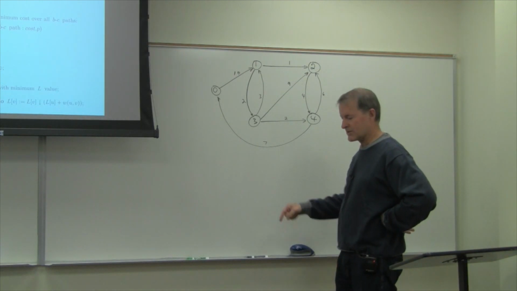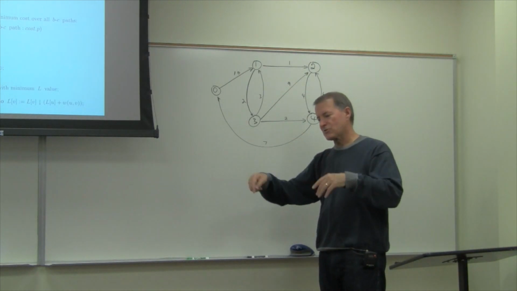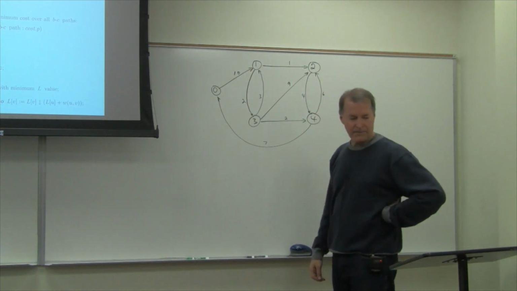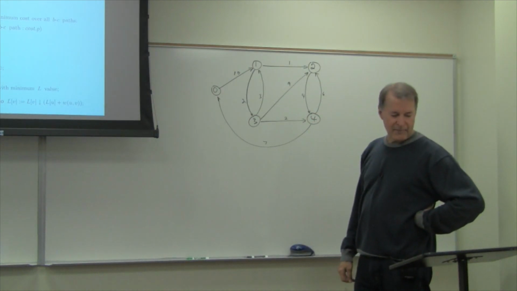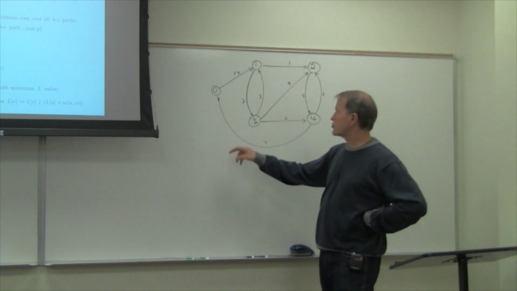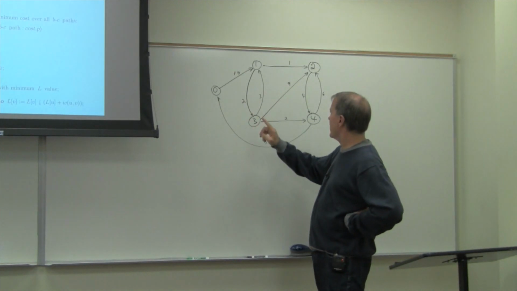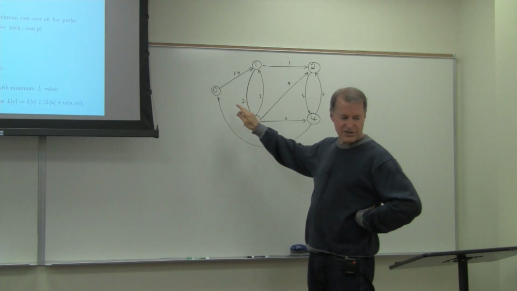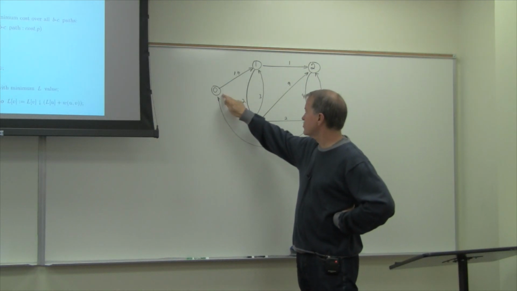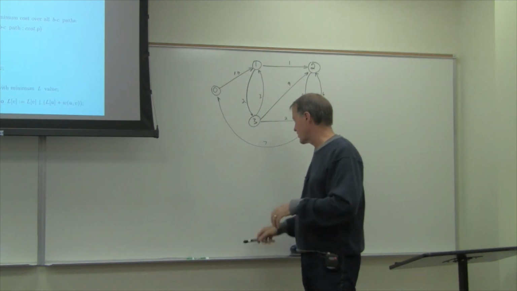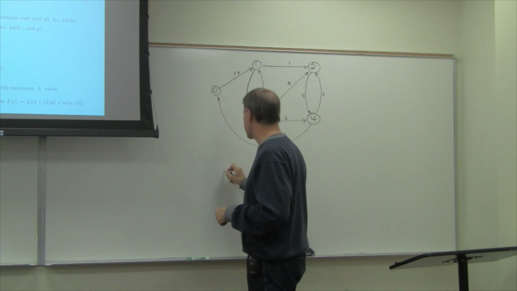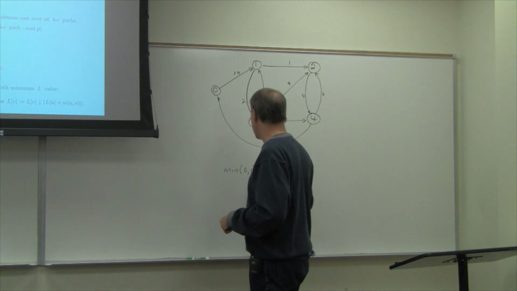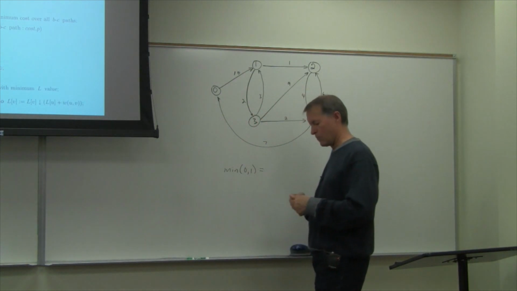Some of the roads have to go around mountains. Now, let me ask you this. What is the shortest way to get from 0 to 1? We're going to call this min 0, 1. What's min 0, 1?